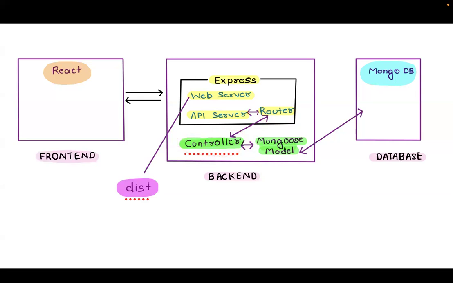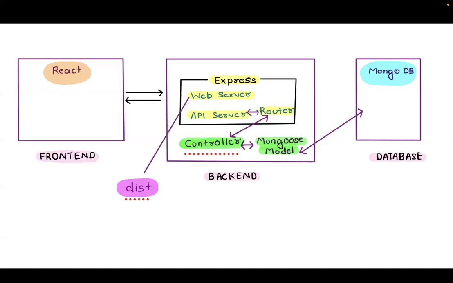But those controllers cannot directly talk to MongoDB. They will talk to MongoDB using the Mongoose library. Mongoose has a model. Models are basically a schema of tables. So Mongoose is the library which will help you connect with MongoDB, retrieve the data or send the data, right?